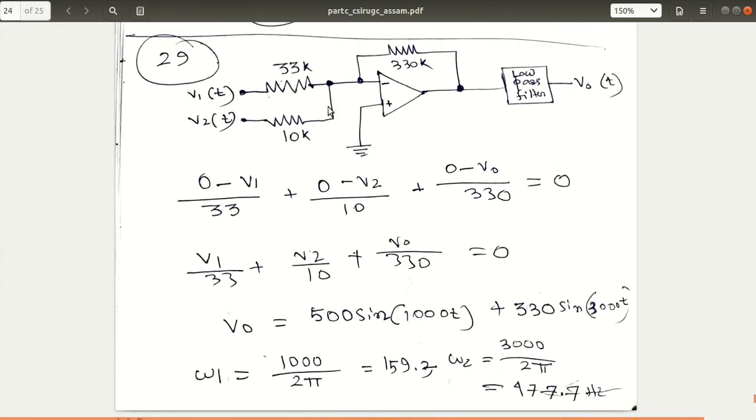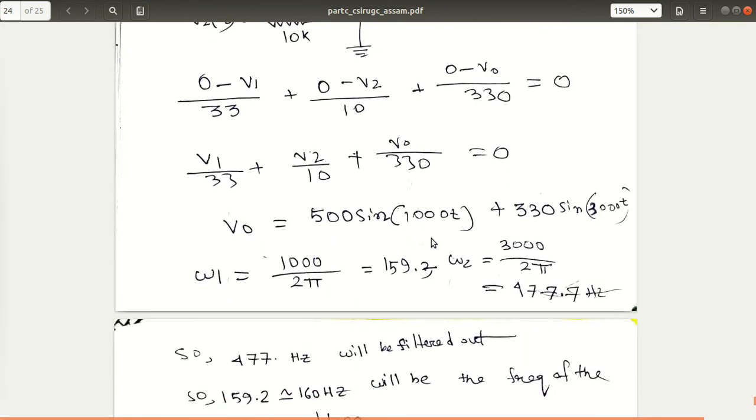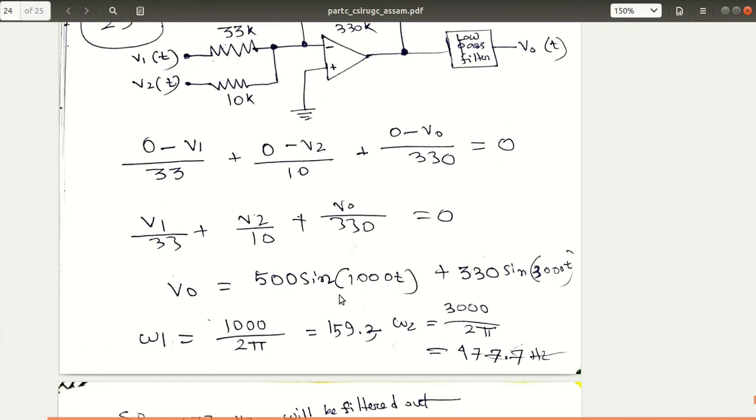If you apply KCL in this loop, 0 minus V1 by 33 kilo ohm, and 0 minus V2 by 10 kilo ohm, plus 0 minus V0 by 330. So your V0 will be 500 sine 1000 t plus 330 sine of 3000 t.